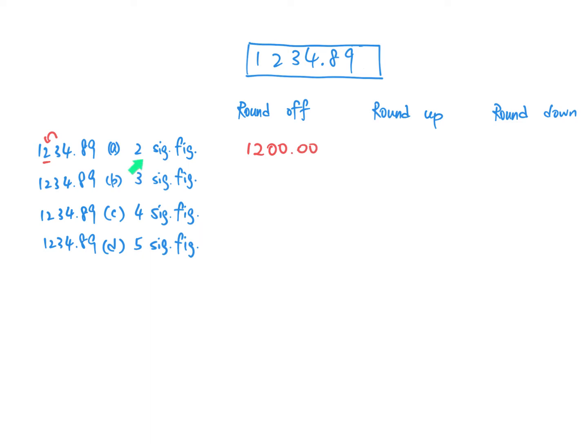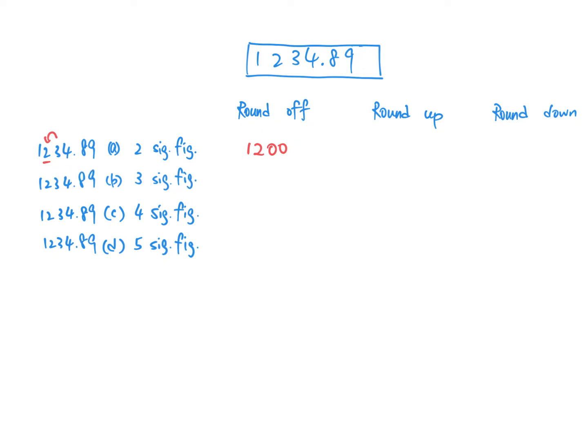We want the answer to two significant figures, but if we write 1200.00, it has 6 significant figures, because the figures after the decimal point are counted as well. So here, we don't need to give the decimal places when rounding off this number.